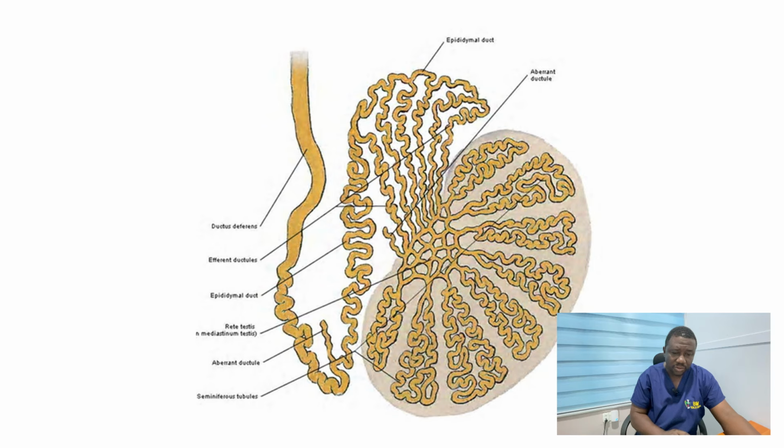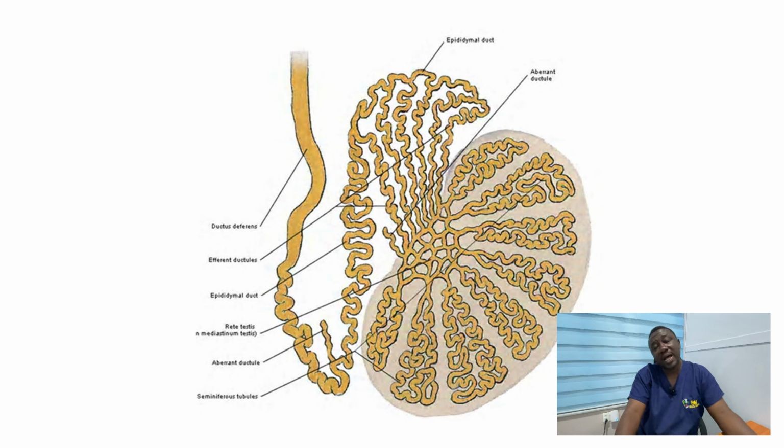The seminiferous tubule has two cell types in it and one cell type outside. The one outside is the interstitial cell of Leydig, and inside the seminiferous tubule we have the spermatogonia cells and the Sertoli cells. This is the microscopic aspect.